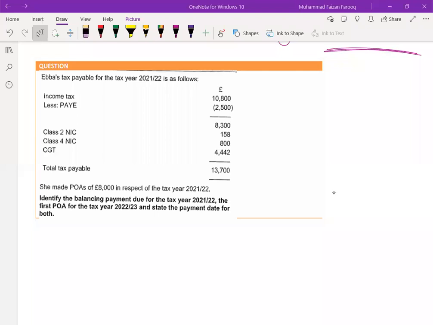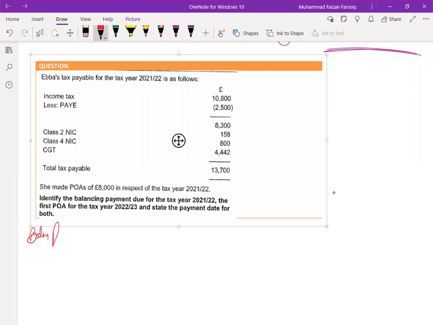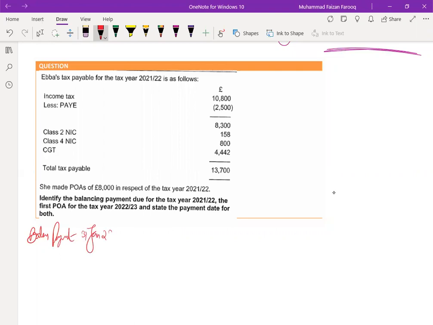Okay. Balancing payment, right? 31st Jan 23 is the due date, right? The data used for the balancing payment will be for 21-22, the same tax year. So income tax minus PAYE plus NIC2 plus NIC4 plus CGT, then minus POAs, right?